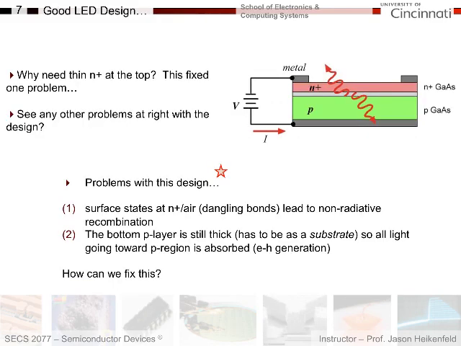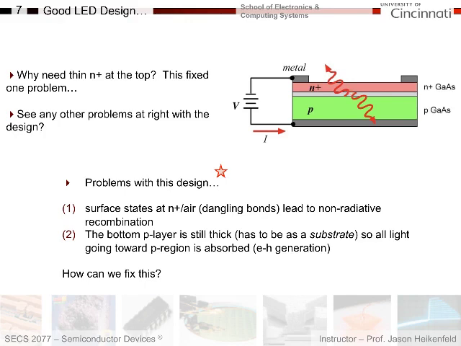Now let's start to look at how we specifically design a good LED. So I'm going to start to design a good LED, and you'll notice something common with solar cells, that the first thing I might do is make a thin N+ layer at the top here. So this is a gallium arsenide LED that will emit in the infrared. I make this thin because that helps me get light out, right? Because if I made this too thick, the emission could be reabsorbed by the semiconductor.